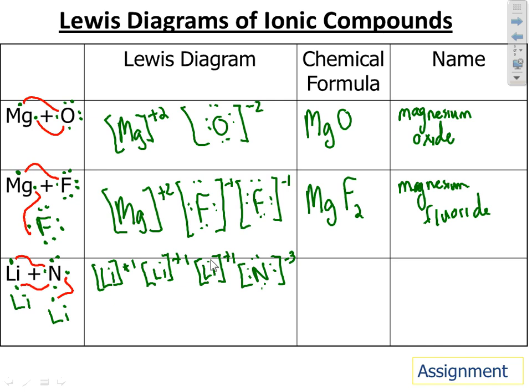So what did we get in this case for the formula? Well, notice we needed 3 lithium, and the metal always goes first. Li3, N, 1. You don't write it in. What types of ions did we use? Non-metal first. Lithium keeps its name, and this is a nitride ion.